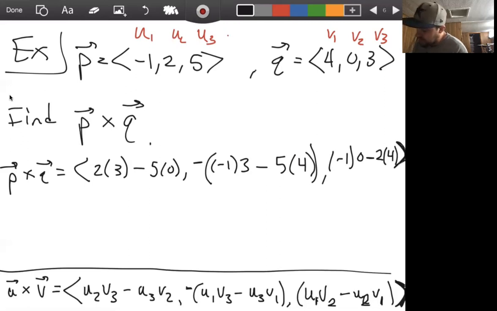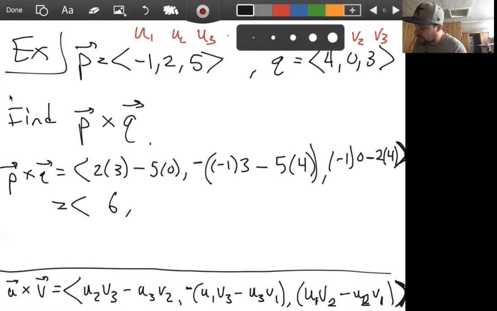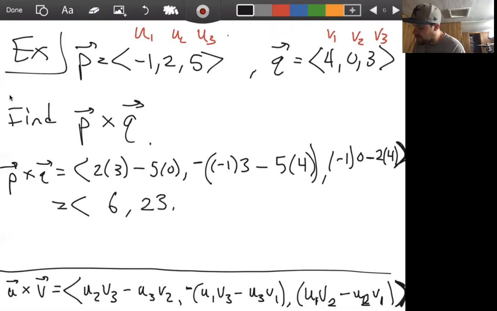Okay, and so now we can just simplify the arithmetic that we have lined out for us. In the first component, we have 6 minus 0, which is 6. In the second component, we're going to have negative 3 minus 20. So negative 3 minus 20 is negative 23, but it's minus a negative 23. So that's actually a positive 23. Again, just simplifying the arithmetic in the second component.